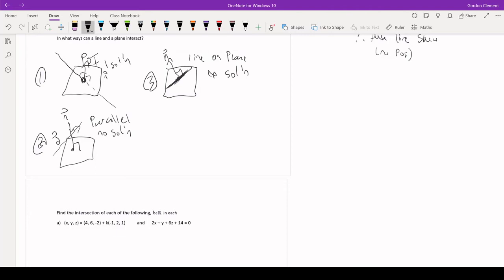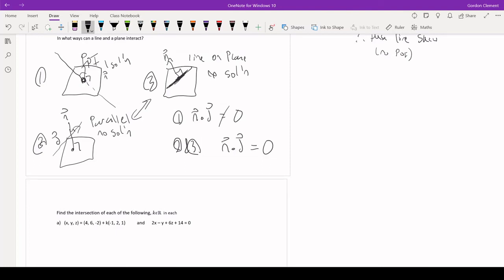So we'll be able to distinguish whether it's a point of intersection, or at least whether it's one of these 2, by looking at the normal vector. So case 1, if you take the normal vector and dot it with the direction vector, you won't get 0. And for cases 2 and 3, the normal vector is going to be perpendicular to the direction vector, so the dot product will be 0.